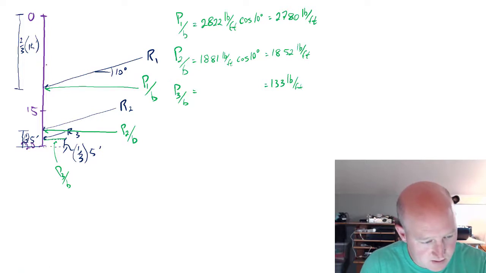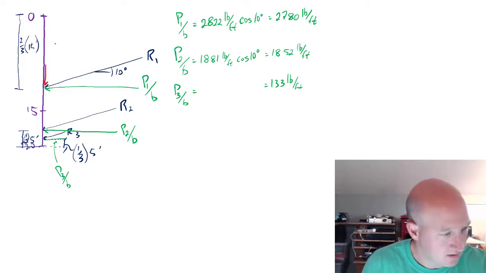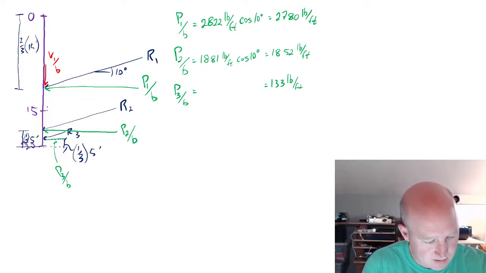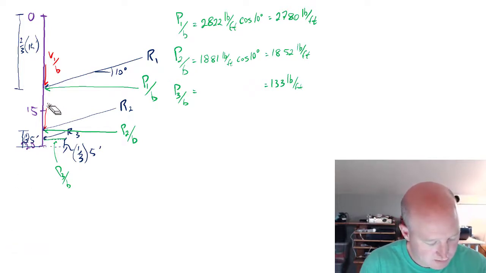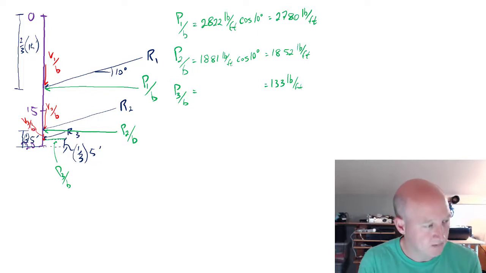So we need to get V1 over b and R1. Sorry, that's V2 over b. And then V3 over b.